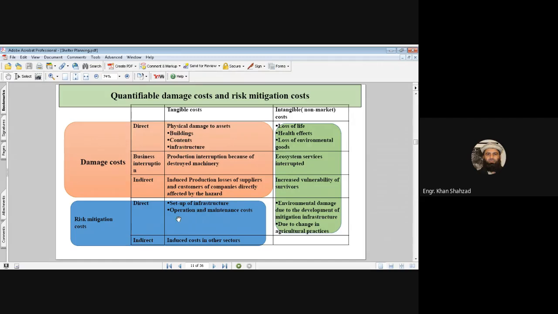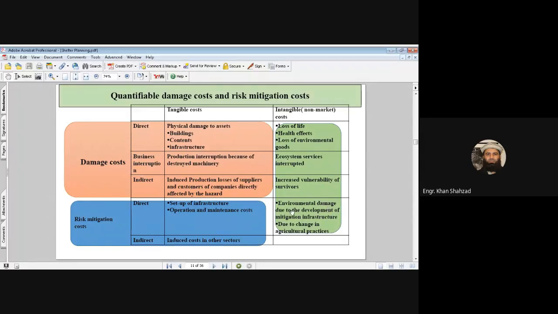So some of them will be directly involved, but some other sectors, for example, which sectors could be involved? Just like agriculture sectors, you can take the agriculture sector and some other sectors.